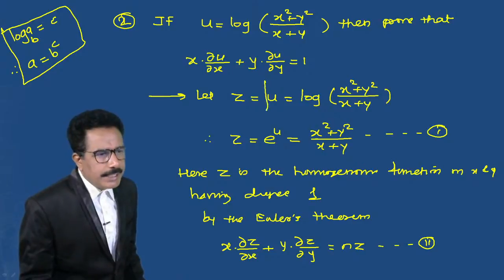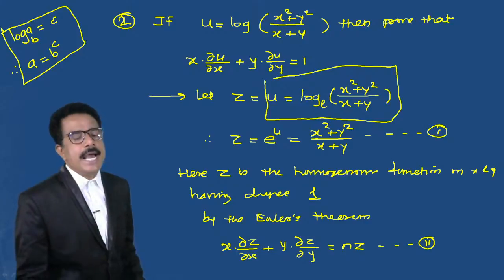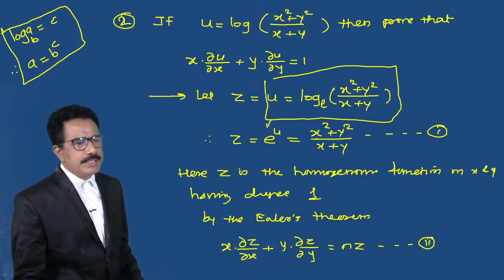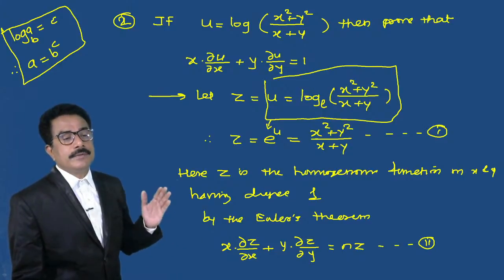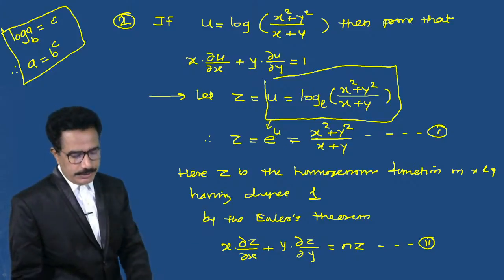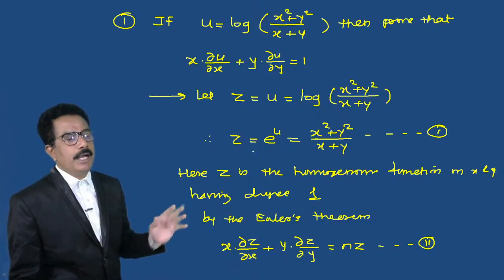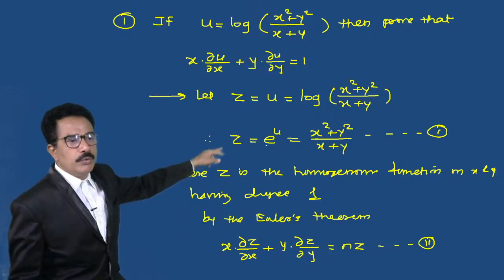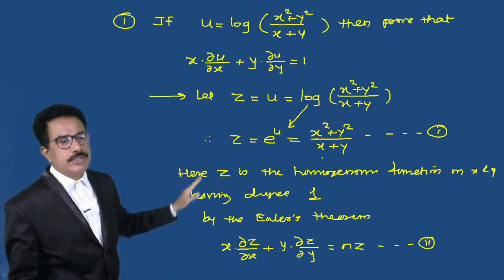Here the base of the log is e, so we can express this in the form of exponential, that is why e comes here, e raised to. Here the base of the log is not written, which means it is e. Suppose that the base of this log is e, then we can write e raised to u is equals to z, which is e raised to u. We can express this log in terms of u, which is x square plus y square divided by x plus y.